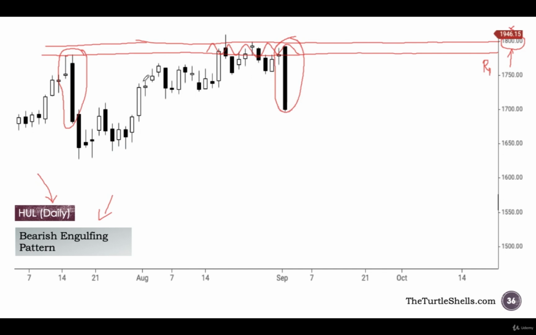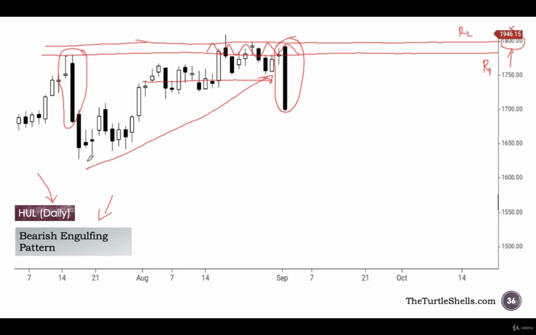You can't say that it's coming after a flat market. If you look at the price action from here to here, it is coming after a nice uptrend. So that is a bearish engulfing pattern, which is confirming all this resistance zone created by R1 and R2. R2 is nothing but the 1800 area.